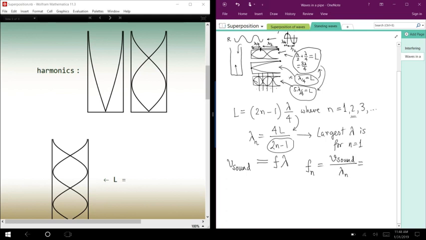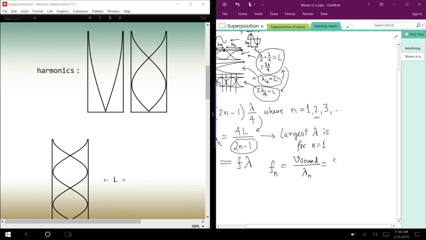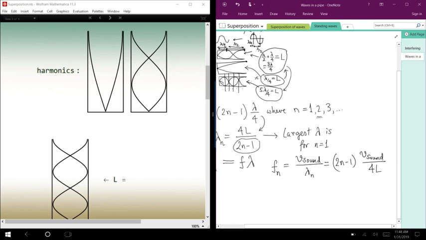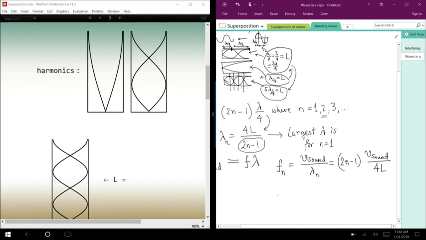So that will give us f n is equal to 2n minus 1 multiplied by v sound over 4L. Okay, so for n equals 1, f1 is equal to v sound over 4L.